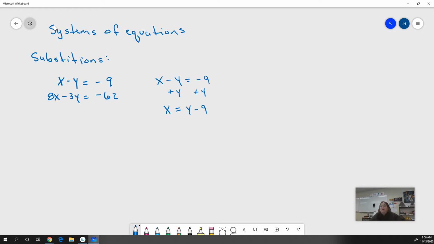Now, the cool thing about having x equals y minus 9 is anywhere that I have an x, I can just plug in y minus 9, because if they're equal, they're interchangeable, right? So I'm going to take this y minus 9 here, and I'm going to plug it in for x in this equation, and it's going to pull out one of my variables.